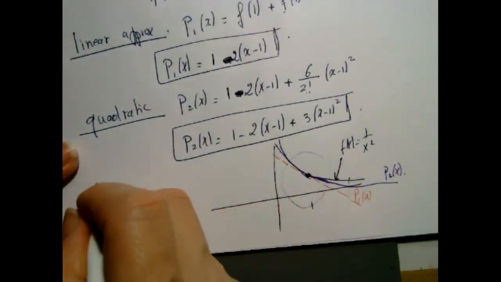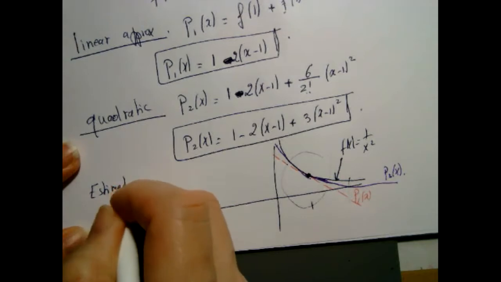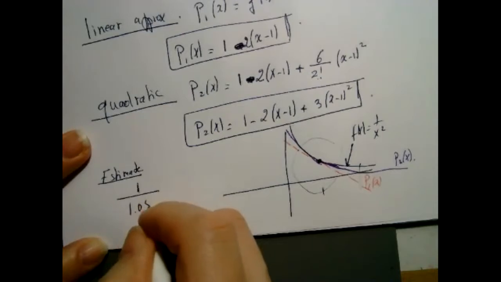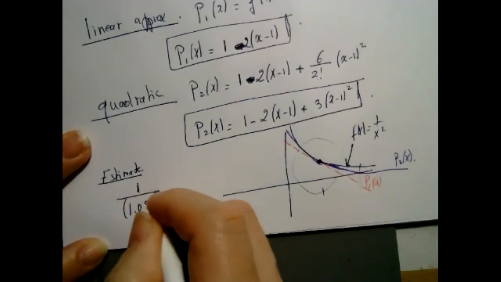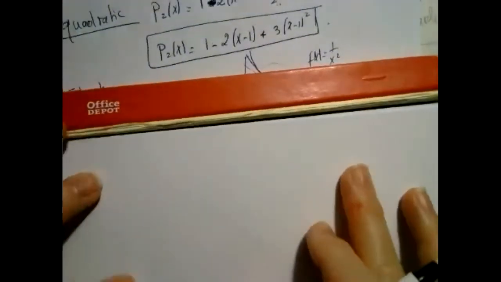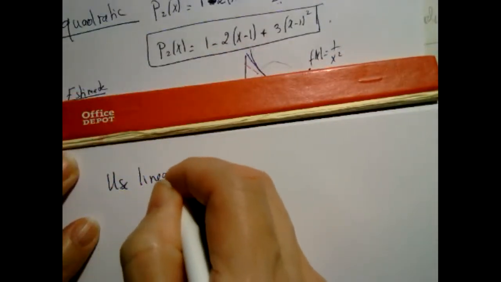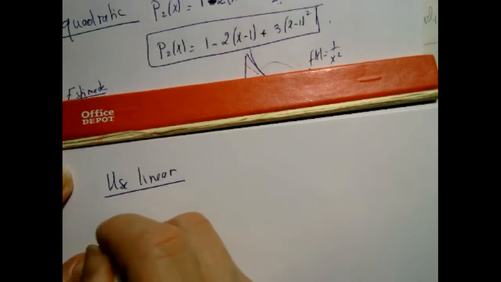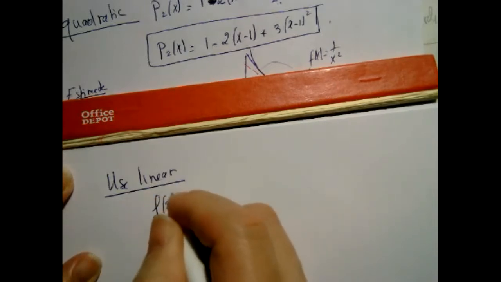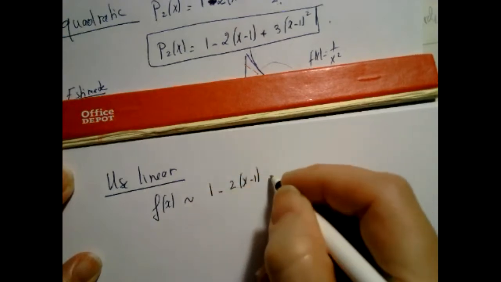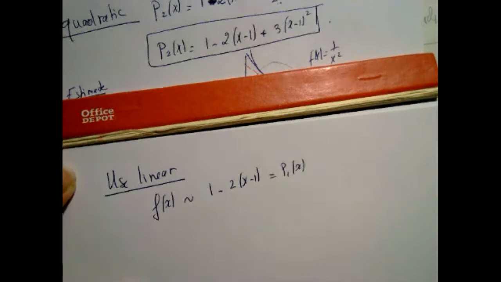Now they want me to use the approximation to estimate 1 over 1.05 squared. Let's see how the estimate would work. We're going to use the linear one first. The idea is that the function is close first to P1 of x, but it's closer to P2.